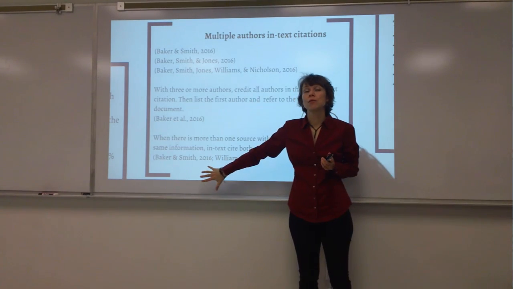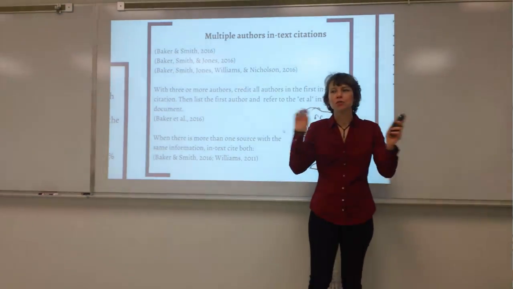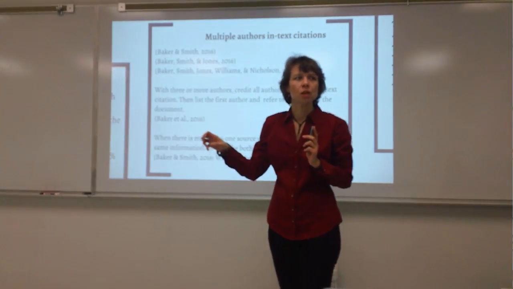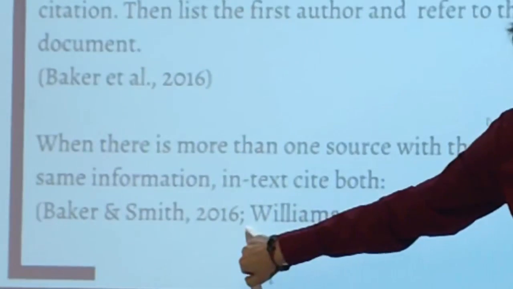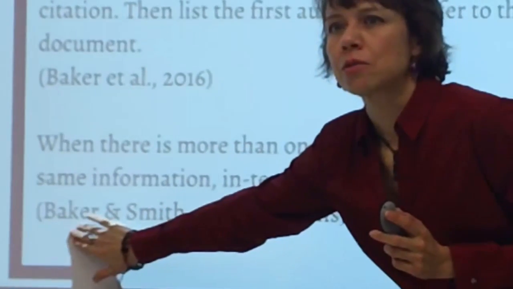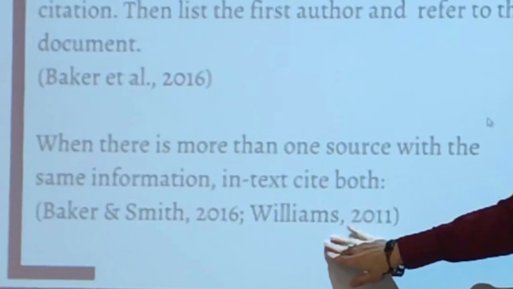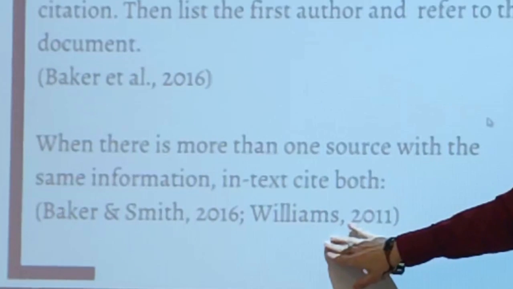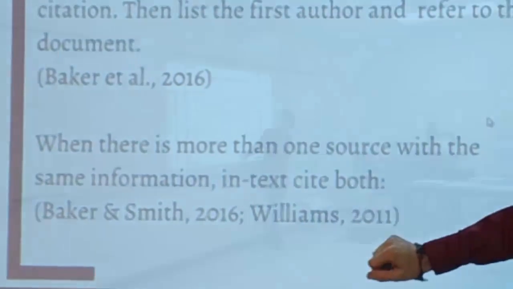If you have a piece of information and you see it listed in two different sources, cite both of the sources and list them here with a semicolon, and you alphabetize by the first author's last name. You may see that in your next presentation. Probably not this one, where we aren't requiring very many references.